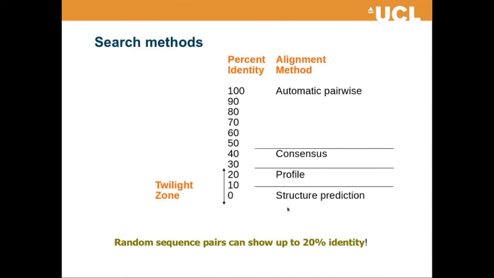So at these very low sequence identities, we can use things like structure prediction, which allow us to predict certainly the secondary structures quite accurately, and then use techniques like fold recognition to see if we can match the series of secondary structure elements or the sequence itself onto some sort of library of different protein folds, and use that as a way of identifying homologues.